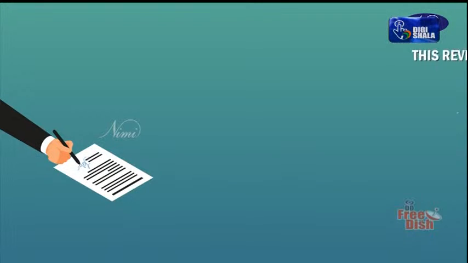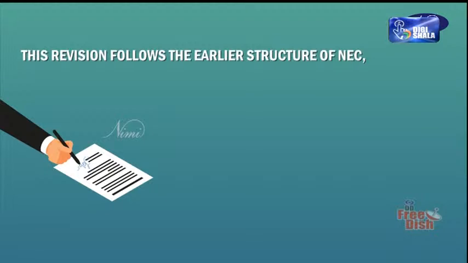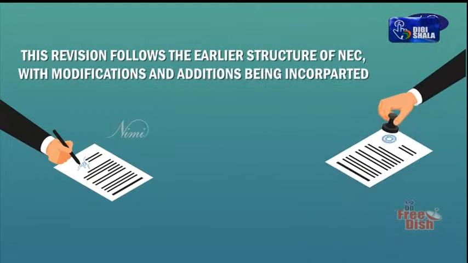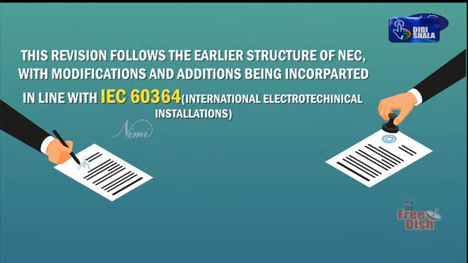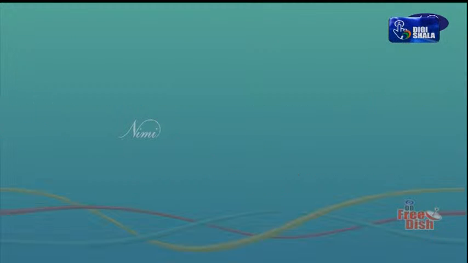So the revision follows the earlier form of NEC with modifications and additions in line with the series of IEC, International Electrotechnical Commission, named the series 60364 on Electrical Installation.